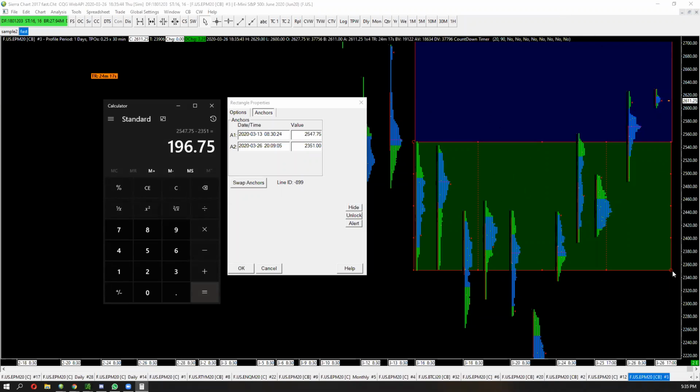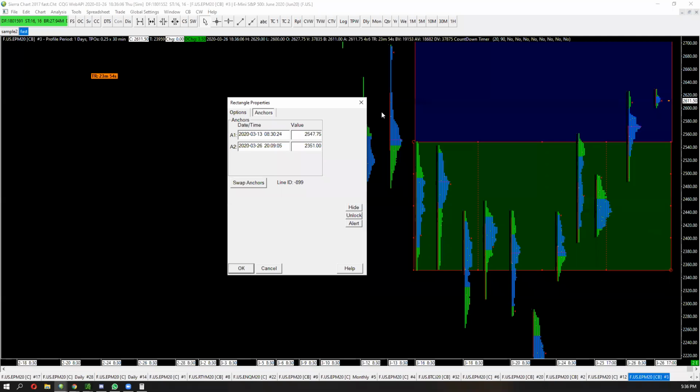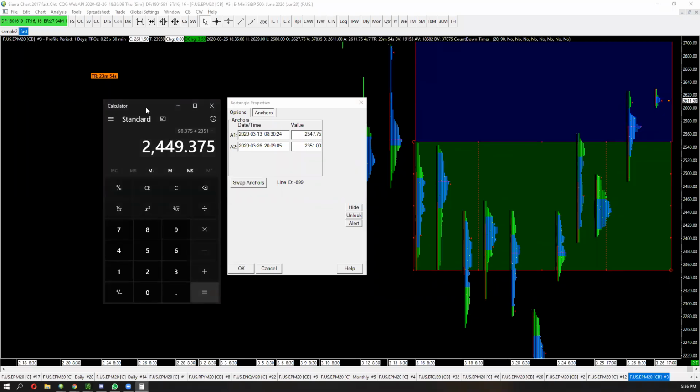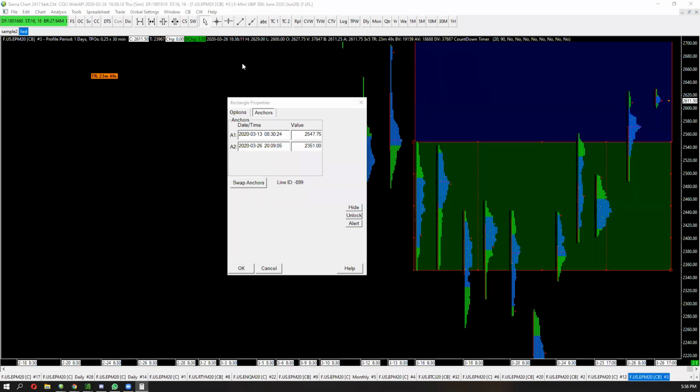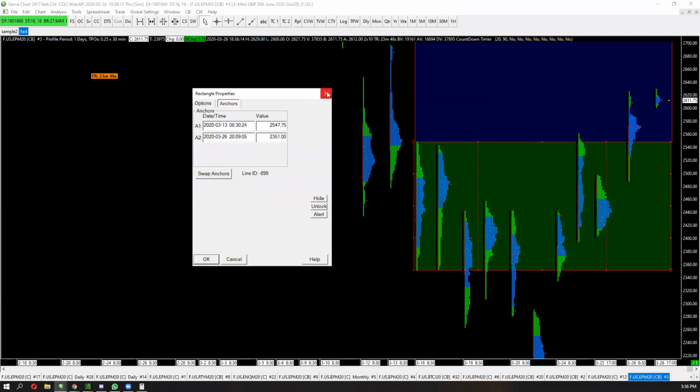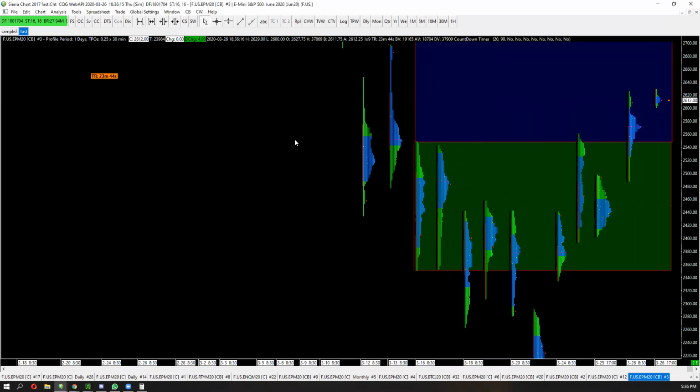And then once I've picked out a balance area, I'll just look at, okay, it's 196 and 3/4 points. And then I just divide that by 2 and add it to 2351. And then there's half of that area right there. So then I'll take this thing. So that's what, 2449.